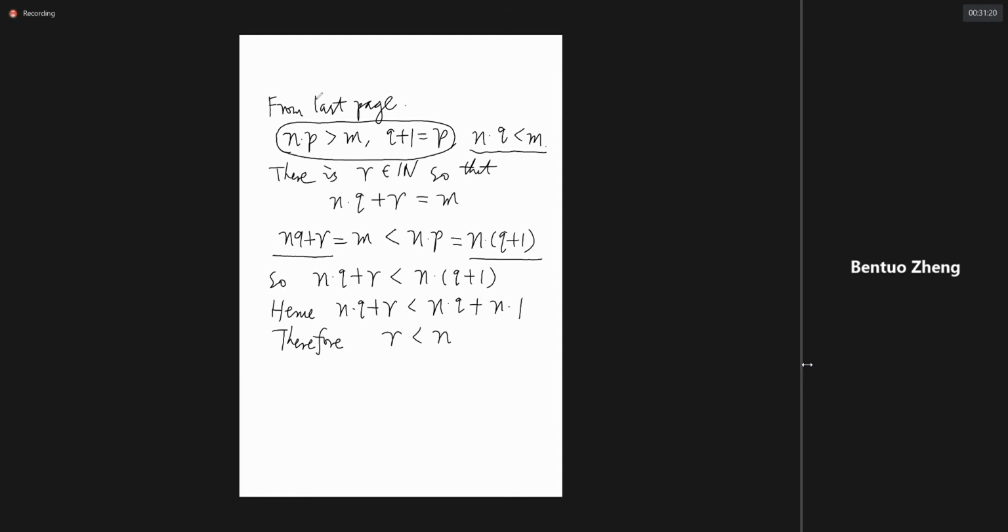Okay, so next let's review another theorem we used last time. That is the mathematical induction. Let's recall the statement of the theorem of induction.